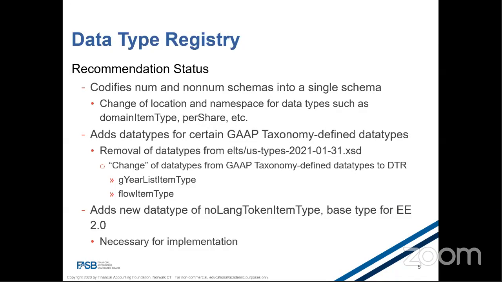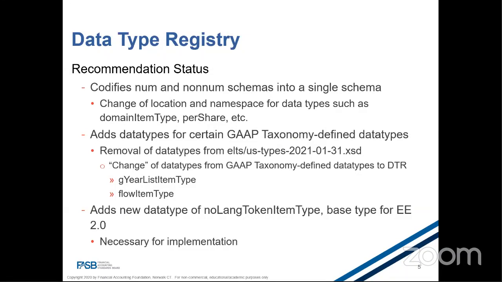The second bullet point adds data types for certain GAAP defined data types. This is a concern we have with the service providers implementing this: if there's hard-coded information, this is where they might trip up on things within their software. The DTR added two data types that were previously defined in the US GAAP taxonomy: the G-year list and the flow item type.